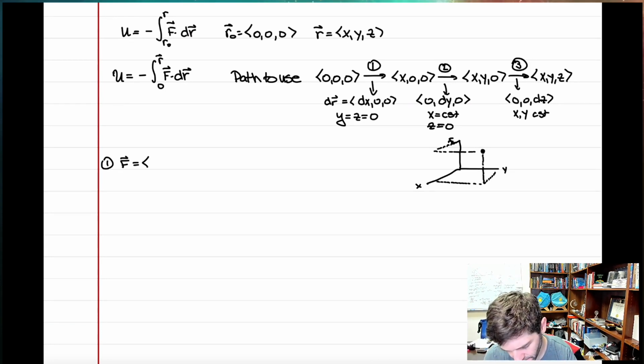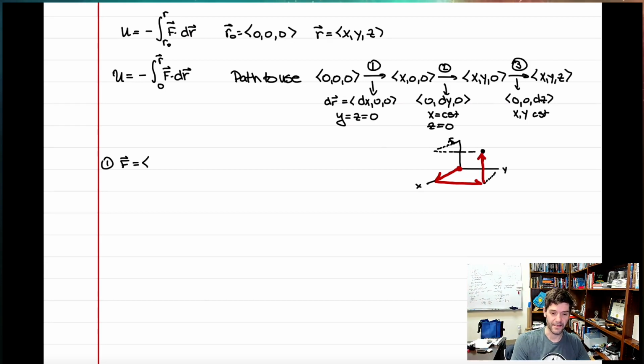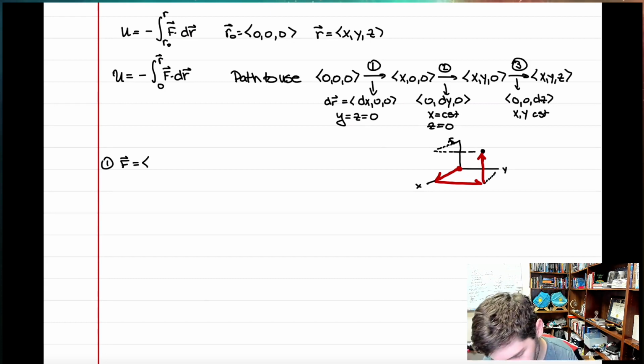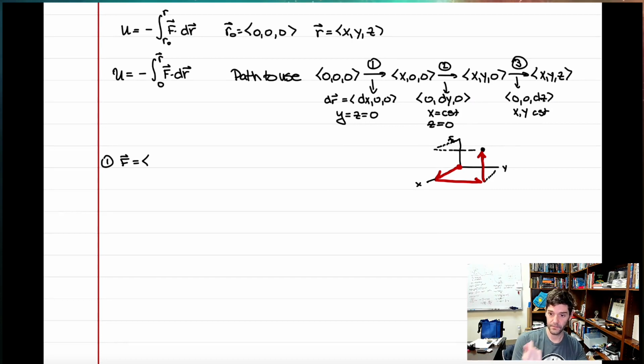The path integral we're going to take is start at the origin, go out to this point, then go out to this point, and then go up here to get to your point. So ultimately, that takes you from the origin to your arbitrary point. And since any path is good, this works.